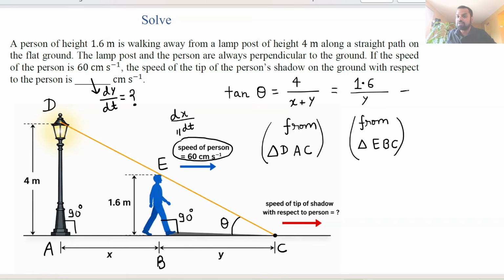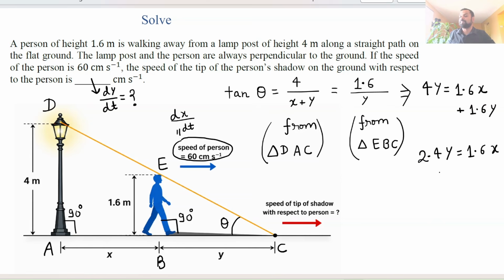So from here we do not need to know the angle theta. I will use 4y equal to 1.6x plus 1.6y. And from here we can take y on one side and we will have 2.4y equal to 1.6x.